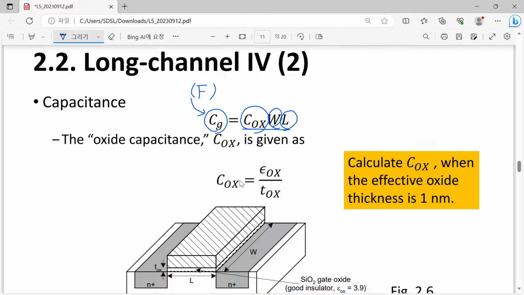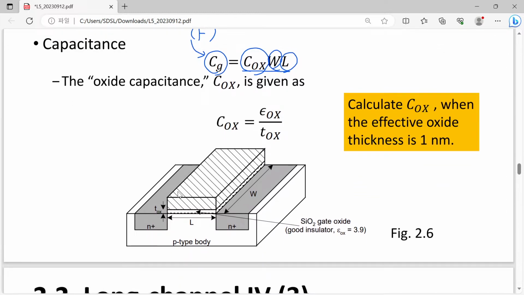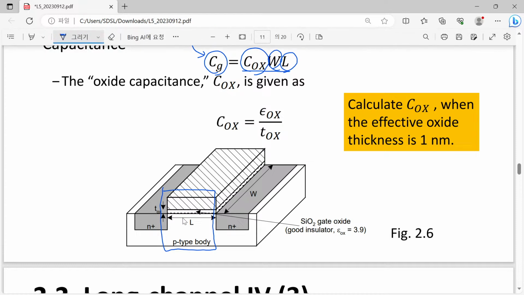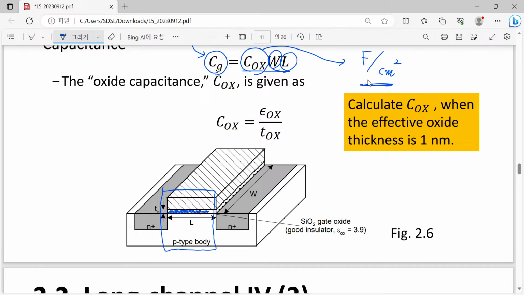What is it? Since we are working with this MOS capacitor, the capacitance of the gate is dominated by this oxide layer. Since we have an oxide layer, we can consider the farad per unit area.